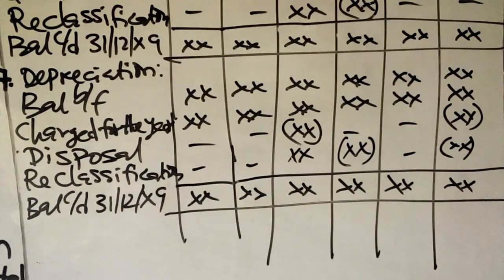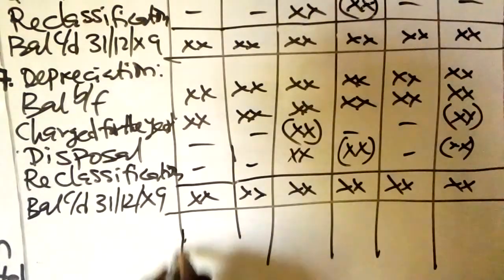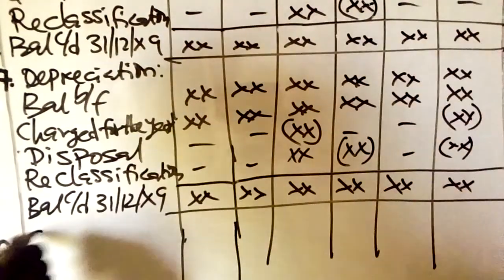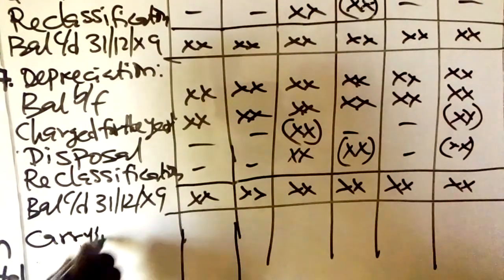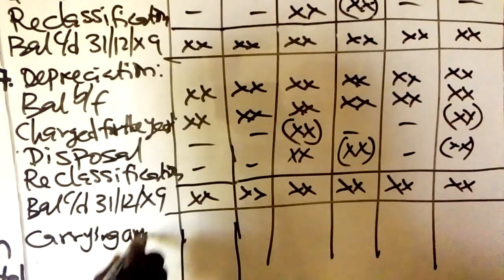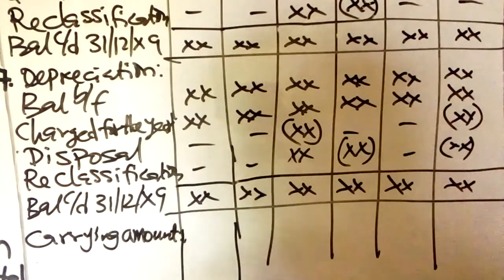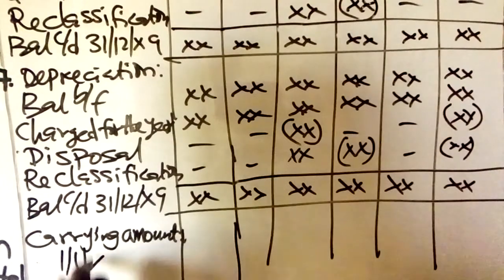Then we now have the carrying amount, as at 1st of January 20x9 and as at 31st of December 20x9.